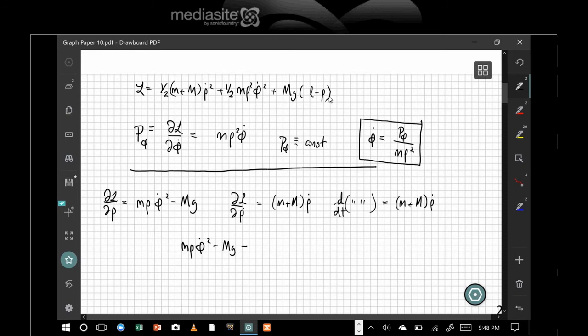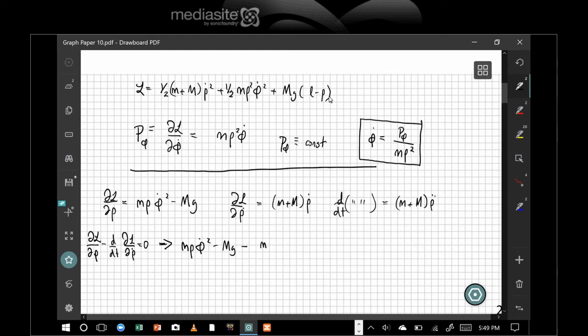Remember, by now you should know the Lagrange equation. In this case, it is d/dt of partial L with respect to rho dot, minus partial L with respect to rho, is equal to 0. So I'm going to put all that in there. This is the first term.